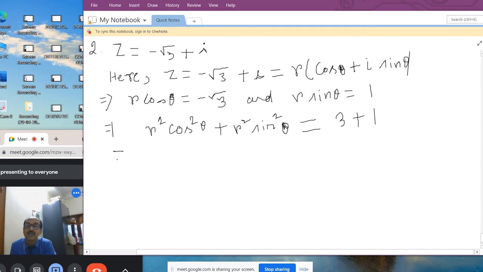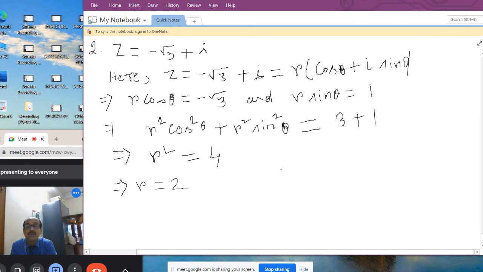So r square equals 4, r is equal to 2. This is the modulus.